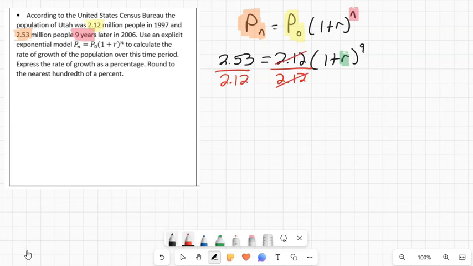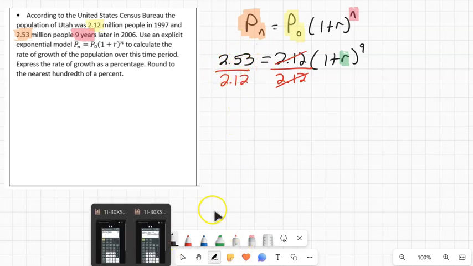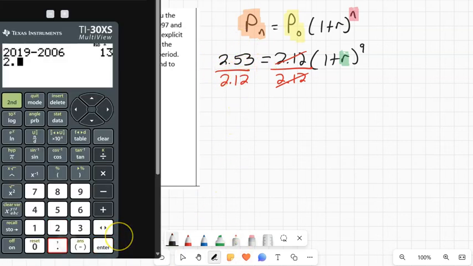Now you might want to start doing the arithmetic on your calculator, but I would hesitate on that because you're probably not going to get nice whole numbers or even non-repeating decimals when you work these problems out. And we can take a look. 2.53 divided by 2.12. Yeah, it's a big messy decimal. And if you wanted to work with that decimal, you have to ask yourself, where should I round?